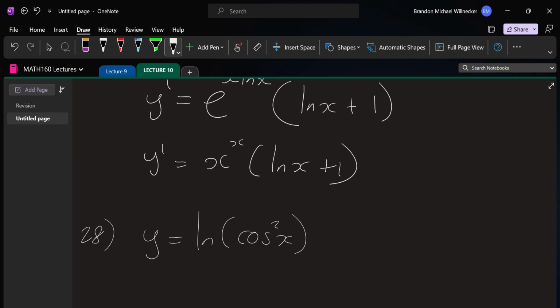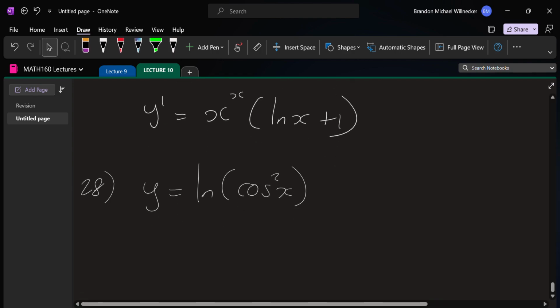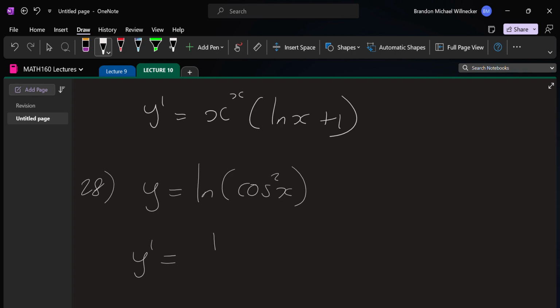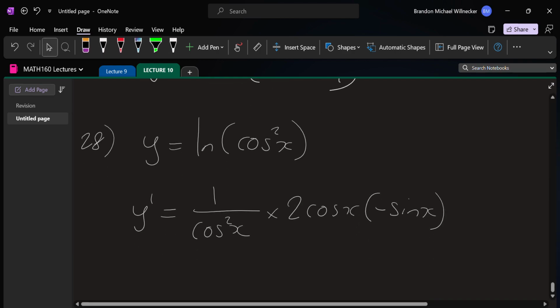Okay, 28. So here we have y is equal to the natural log of cos squared x. So here we've got three compositions: natural log on the outside, something squared on the inside, and then in that we then have cos.